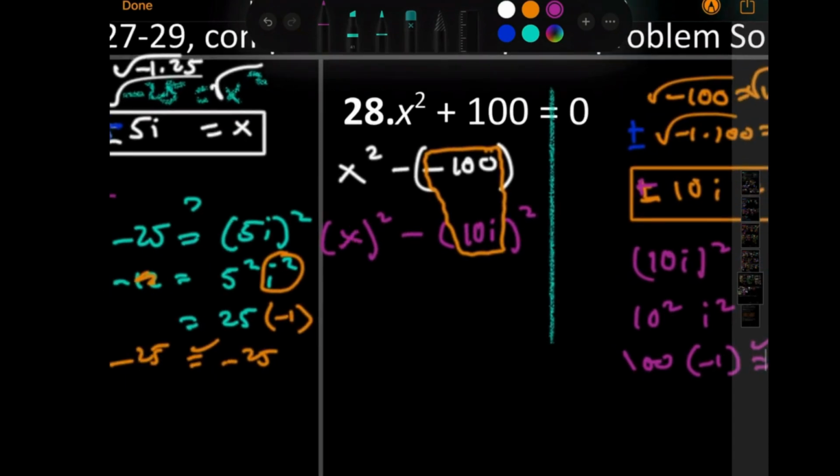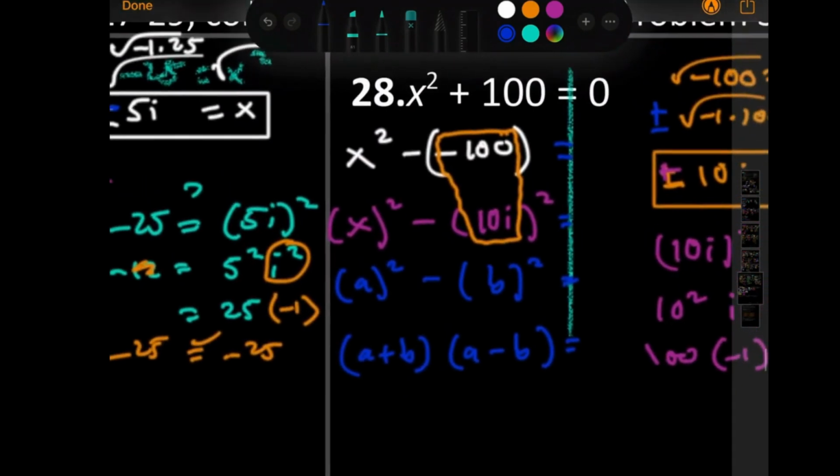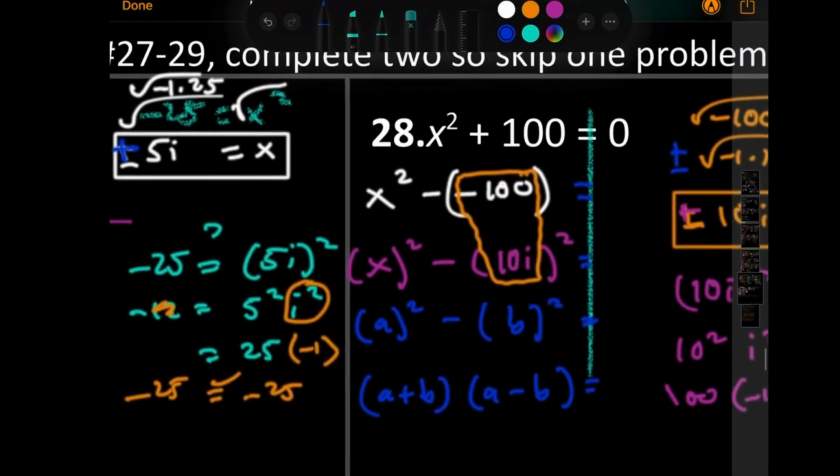And then this is your x. Then your formula, you have a squared minus something squared, and the formula is a plus b, a minus b. If you actually multiply a plus b times a minus b using foil or the box, you will get the expression above in dark blue.